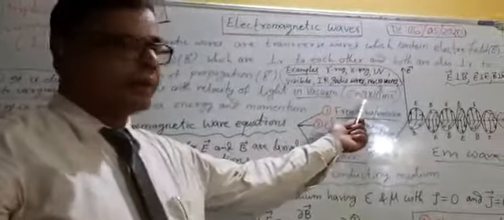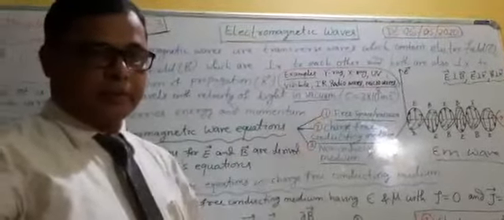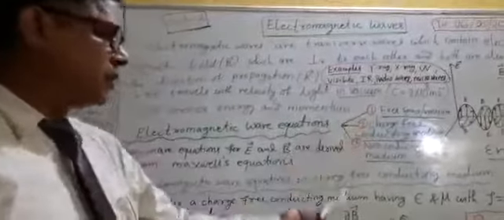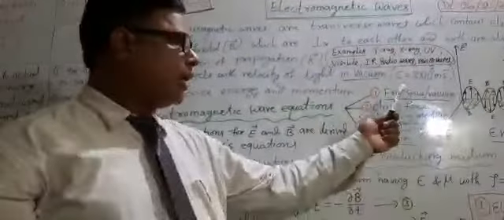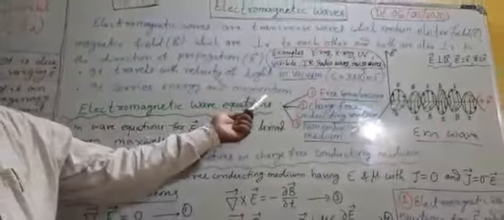So why it decreases in the medium, we will discuss at the end of this lecture. So while discussing the last portion, I will explain why in medium the value decreases. Okay. Next property, it carries energy and momentum.